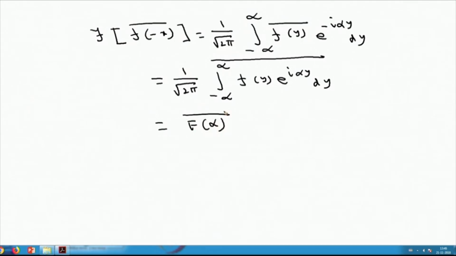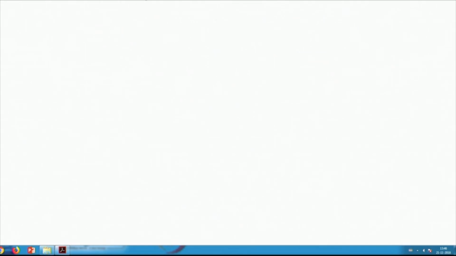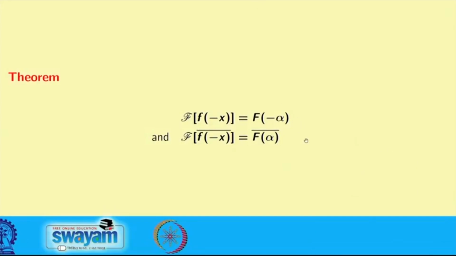I am writing this e power minus i alpha y as e power i alpha y, and putting the bar on both sides, because the properties will remain unchanged this way, and this is nothing but the Fourier transform of f of x whole bar.